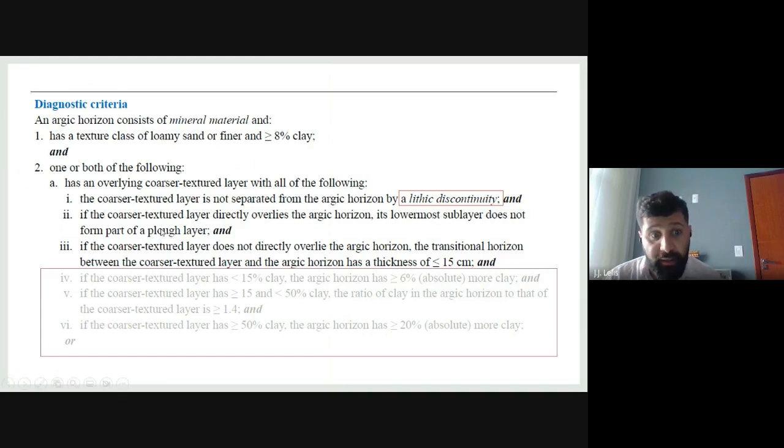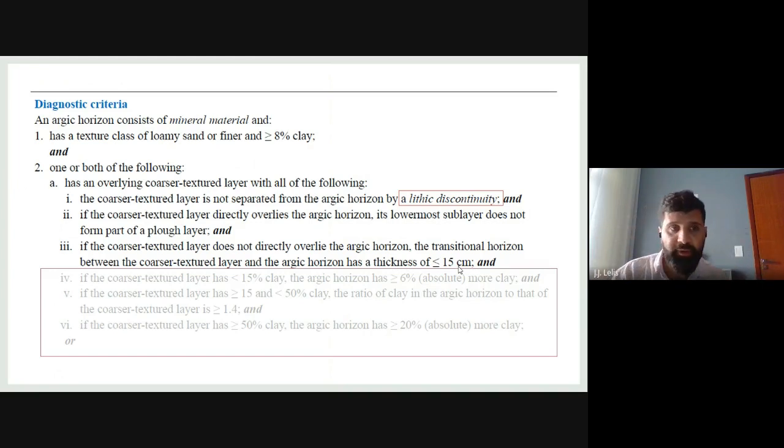Okay? And the coarser texture layer that does not directly overlie the argic horizon: the distance between this coarser texture layer and the argic horizon should be higher than 15 centimeters. So we always should compare the argic horizon and the coarser texture layer at a distance of up to 15 centimeters, or equal or lower than 15 centimeters. Okay.